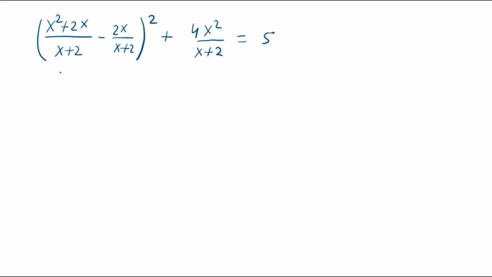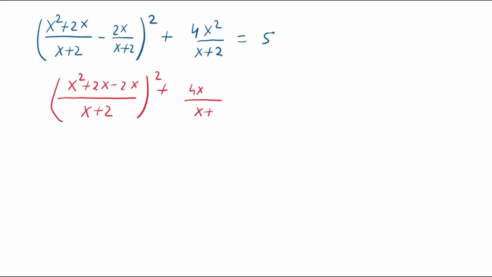Now here denominator is x plus 2 and in numerator x square plus 2 times x minus 2 times x bracket power 2 plus 4 times x divided by x plus 2, and this is equals to 5.